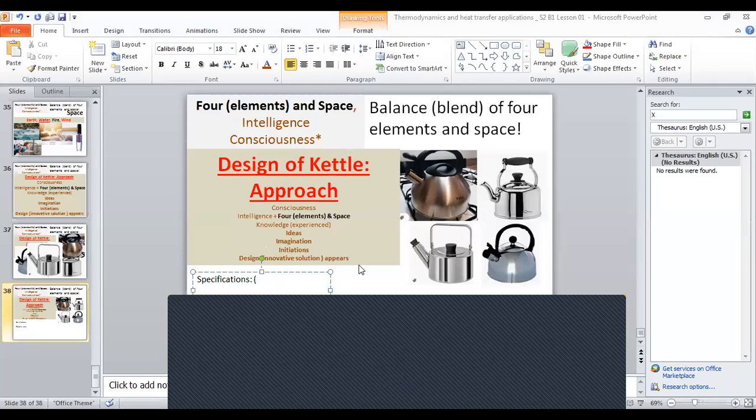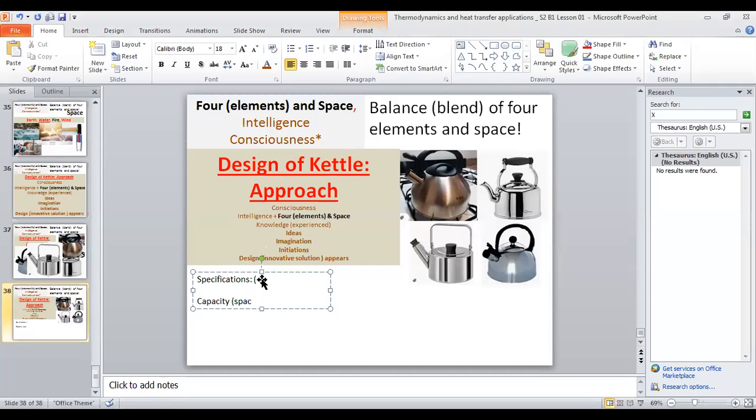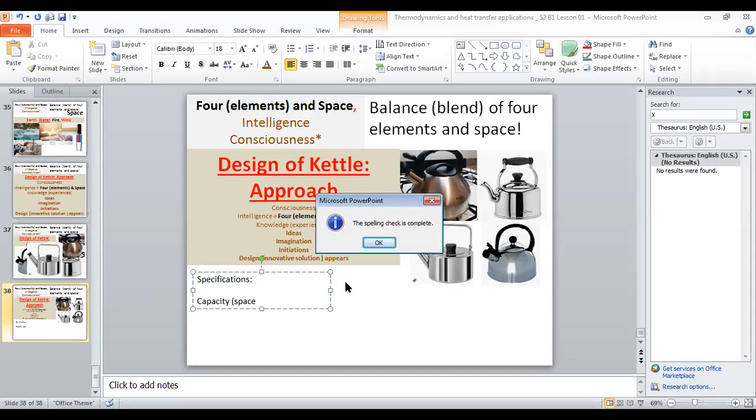Under capacity, you should do the space configuration.